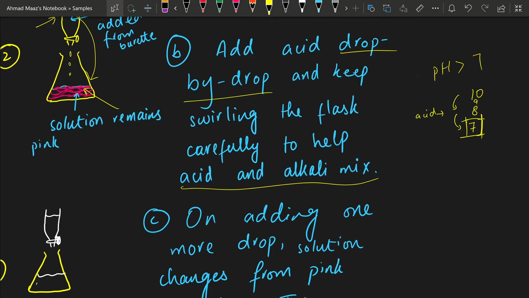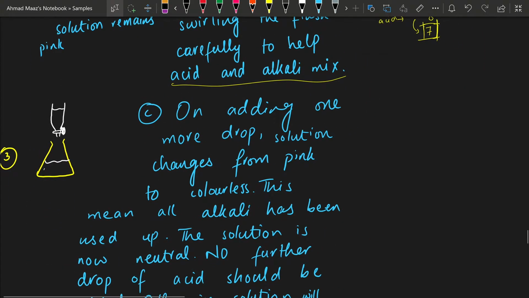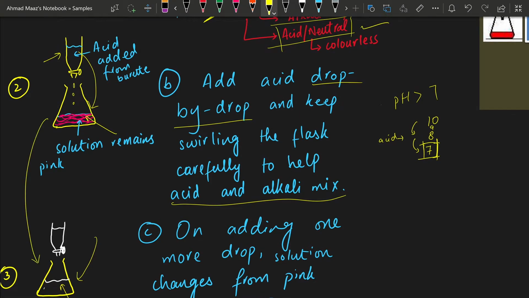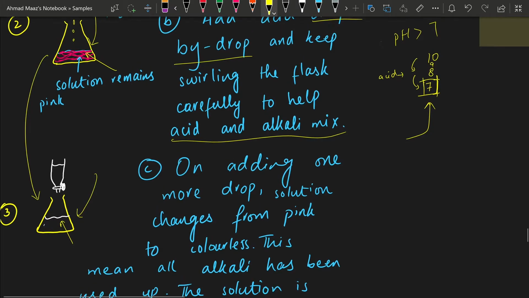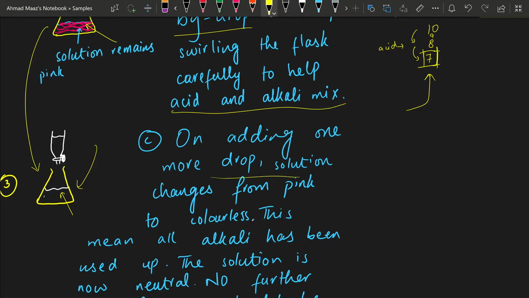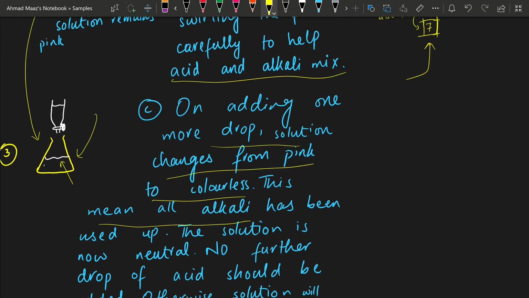By adding one drop of acid, all the solution will suddenly change from pink to colorless, because the pH is now 7, and at pH 7 phenolphthalein is colorless. So on adding one more drop, the solution changes from pink to colorless. This means all alkali has been used up.